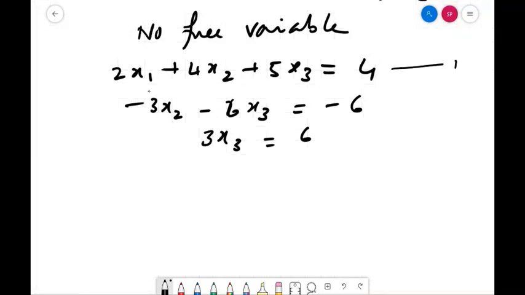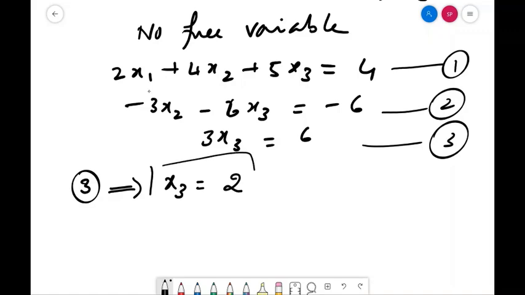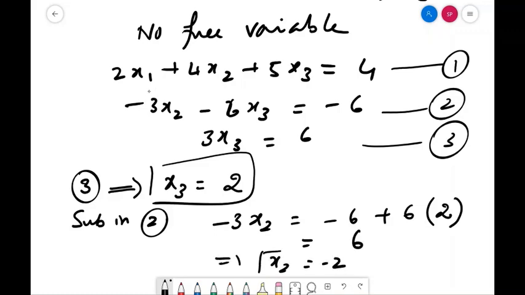So you have three equations, three variables. From 3, I have x3 is 2. Then substituting in 2, I have minus 3x2 is equal to minus 6 plus 6 into x3, that is 2. So I have 6, which implies x2 is minus 2.